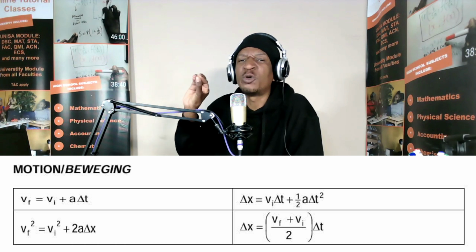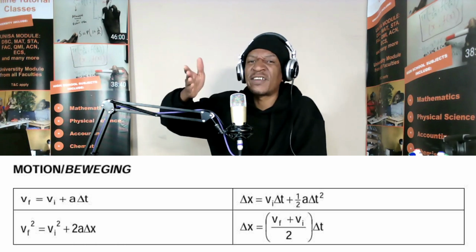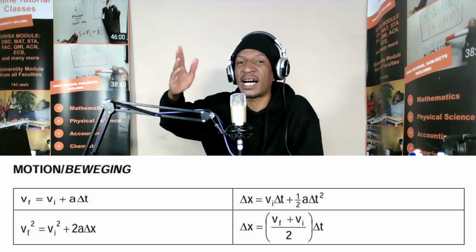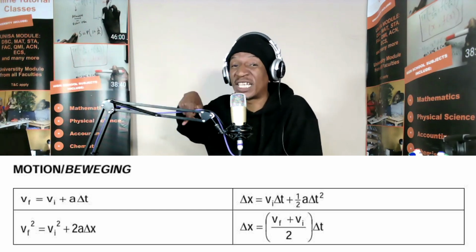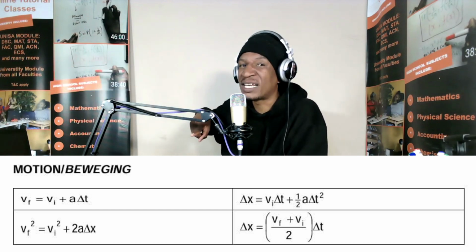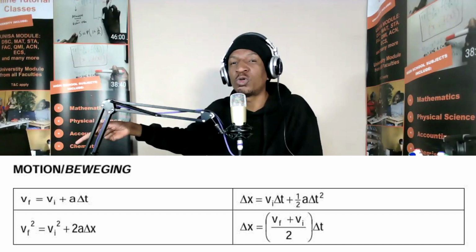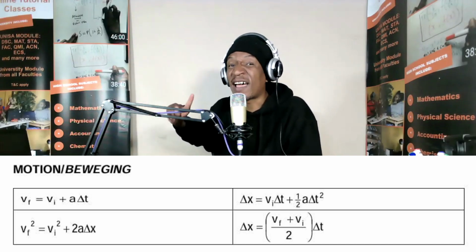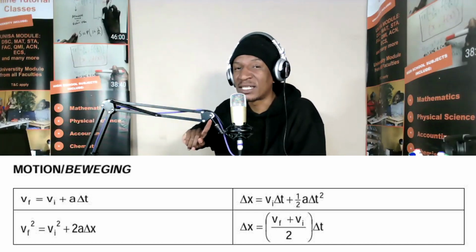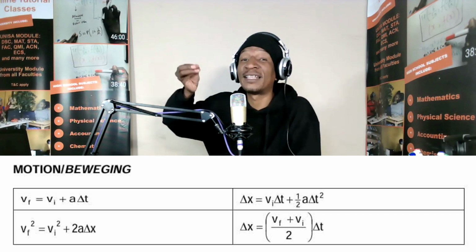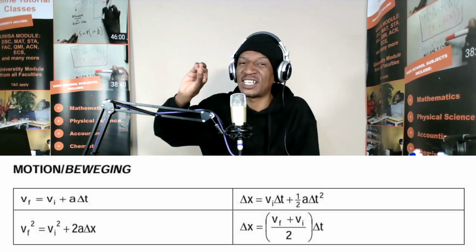So even if you are given that a car traveled for 2 minutes, we know that initially it was at 0 minutes and then it went to 2 minutes. So the change in time is 2 minutes minus 0 minutes, just like that. So the change is just there to express the change.